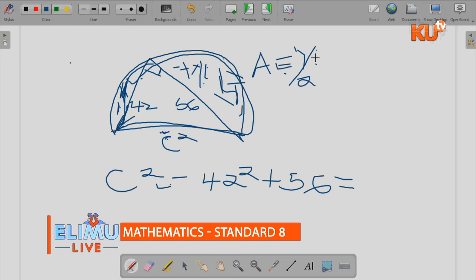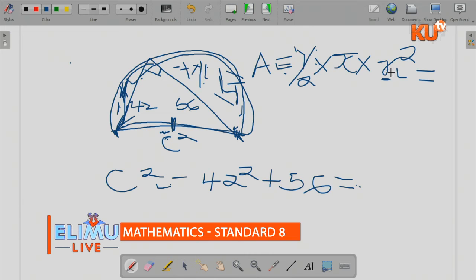Area of a semicircle, half times pi times r square. The radius you will use here is half of the hypotenuse, because we will get here up to here. So the area will be half of the hypotenuse, it is what we will use as radius times radius.